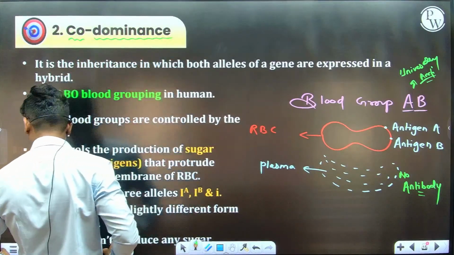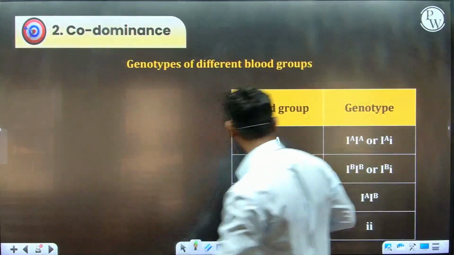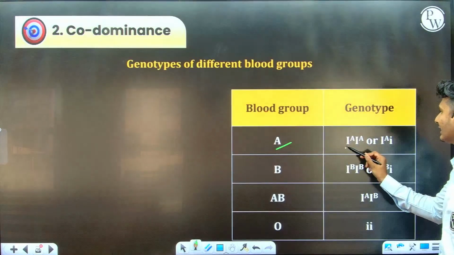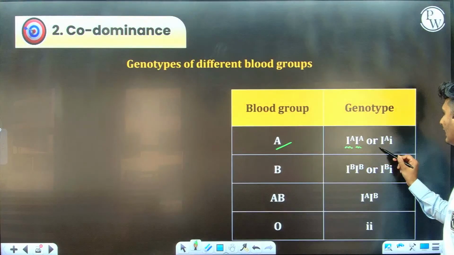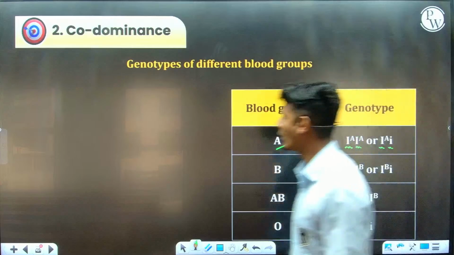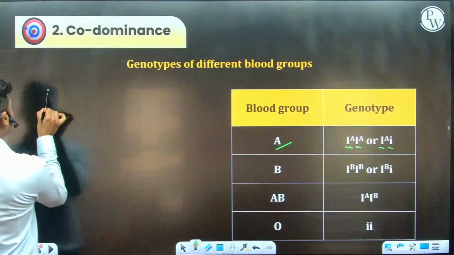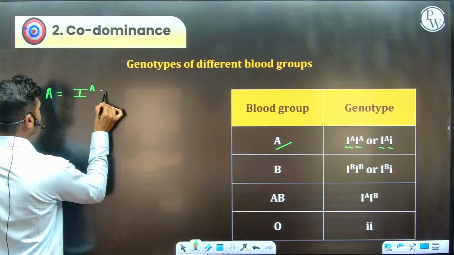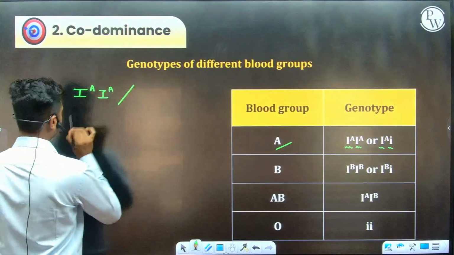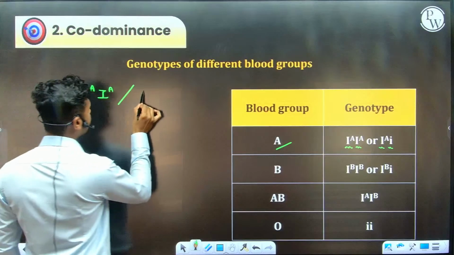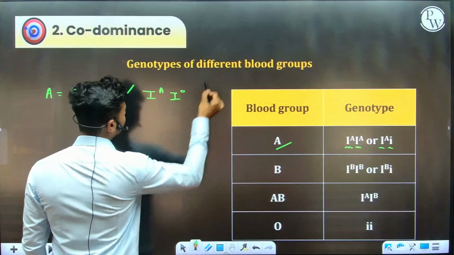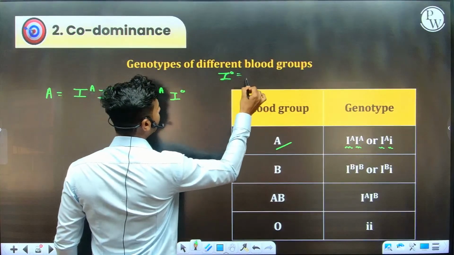Now we are not going to discuss so many things, just understand the reason. Blood group A has alleles capital IA and small i. Blood group A is having allele IA, or this is a blood group A person, as well as IA and IO, this IO is equal to small i.